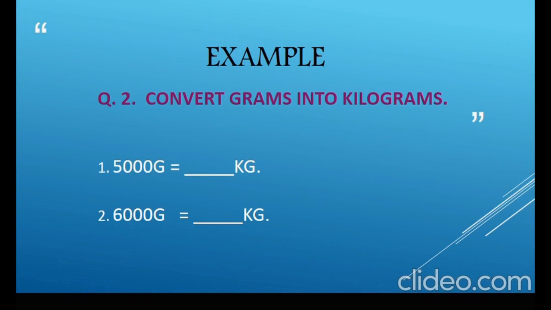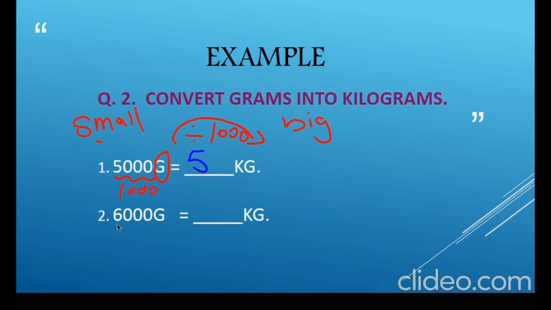Another example. Now, as you can see, I want to transfer 5000 what? Gram to kilogram. That means we will transfer from the small unit to the big unit. So what will we do? Good. We will divide over 1000. 5000 divided over 1000, the answer will be 5.